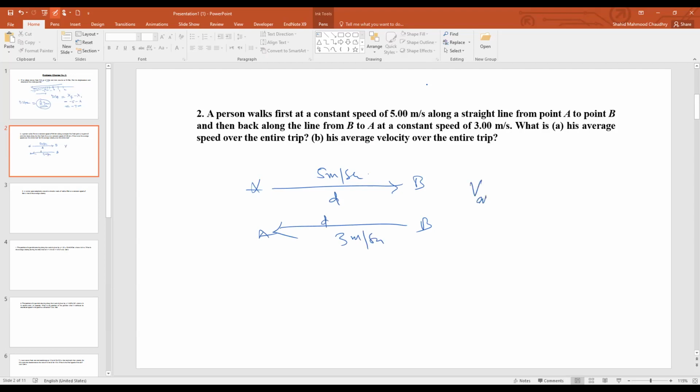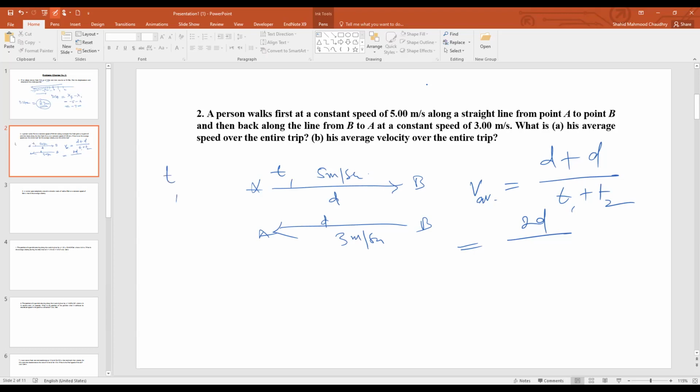Average speed, I have already discussed, is the total distance divided by the total time. So D plus D, we don't know the value of D, divided by T1 plus T2. So 2D divided by T1 plus T2. The distance is D, and distance is speed into time.